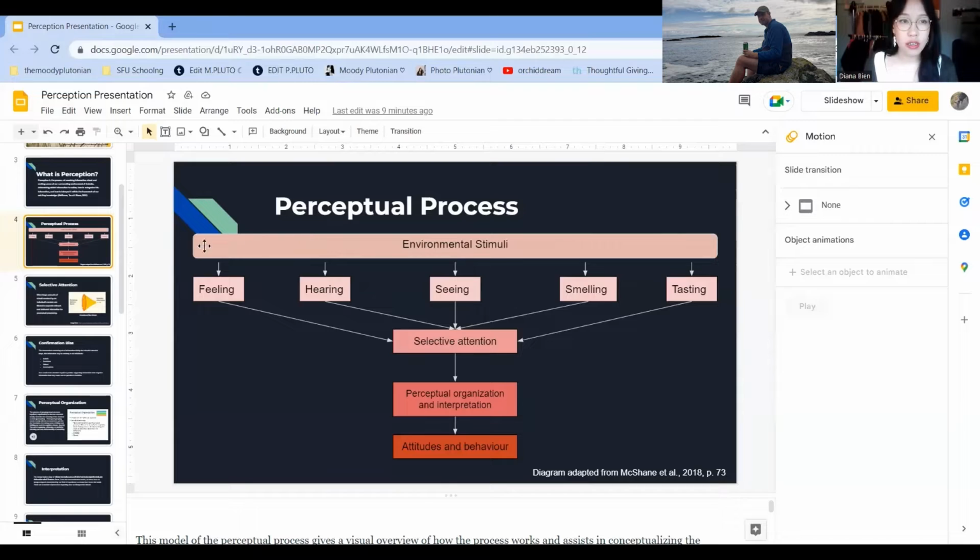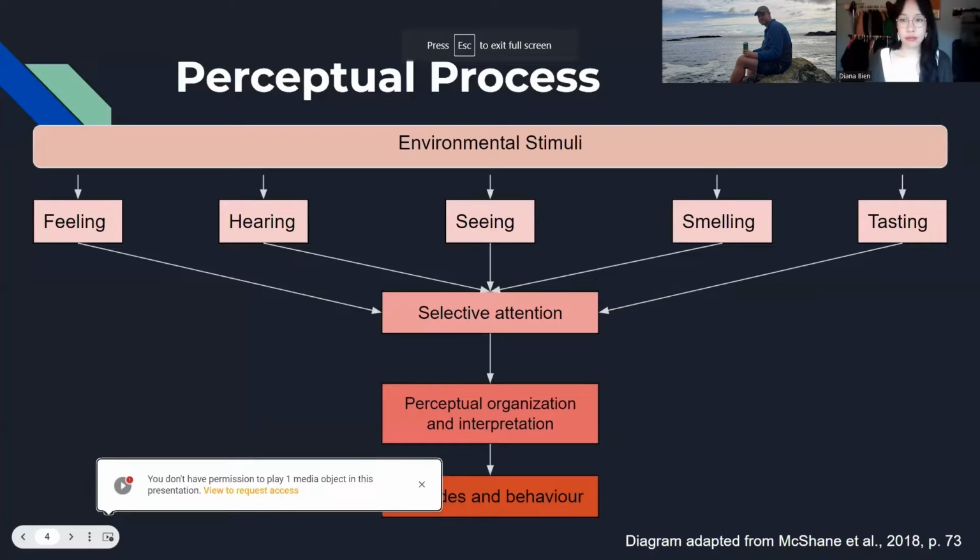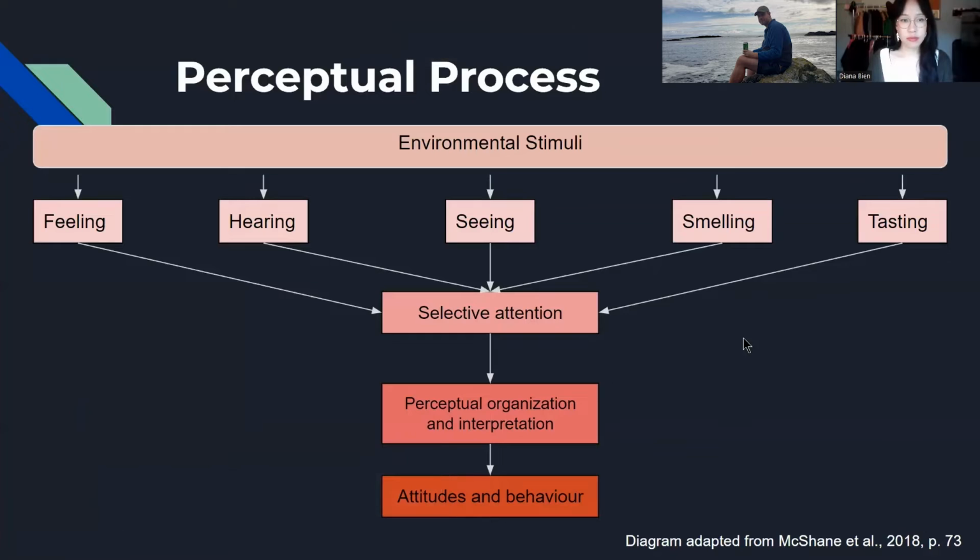This model of the perceptual process gives a visual overview as to how the process works and assists in conceptualizing the definition that Abigail has already provided. It also assists by breaking the process down into stages. Firstly, we are subjected to information and stimulation from the world around us via our senses. We take these stimuli in through our 5 senses of feeling, hearing, seeing, smelling, and tasting.